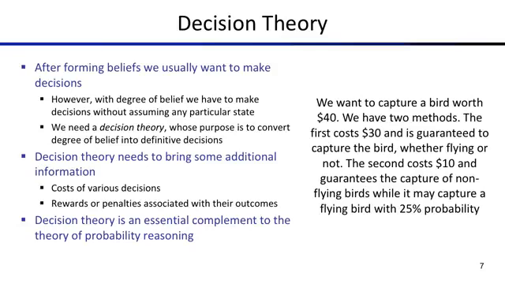Finally, before we close this video, we must think that in order to make a final decision, the probabilities will not suffice. We need something extra, what we call a decision theory.